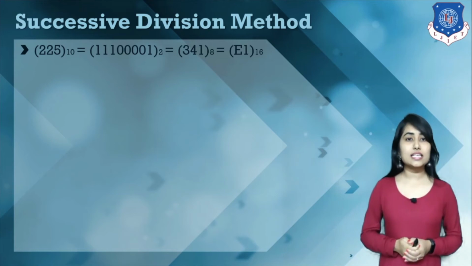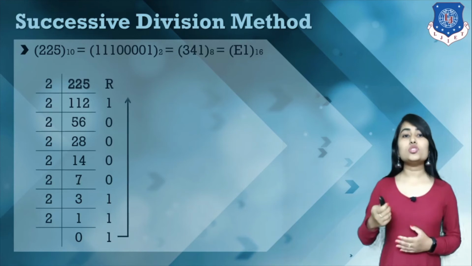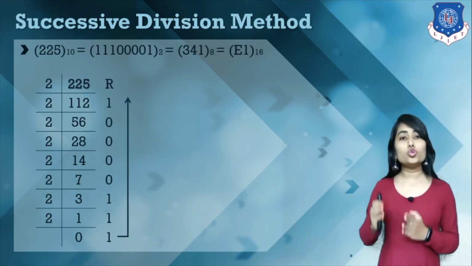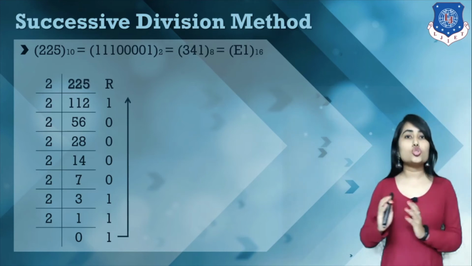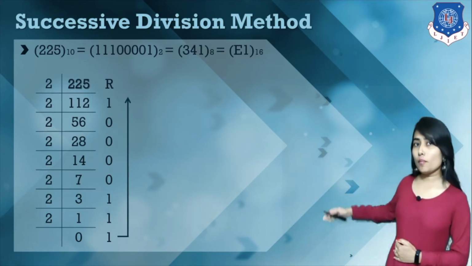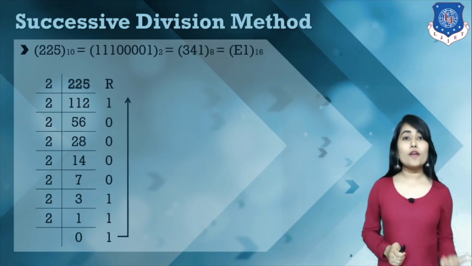Let's discuss binary first. In binary we have to successively divide this number, store the quotient part, again divide the quotient part and store the remainder aside, and from bottom to top write the remainder bits from left to right.